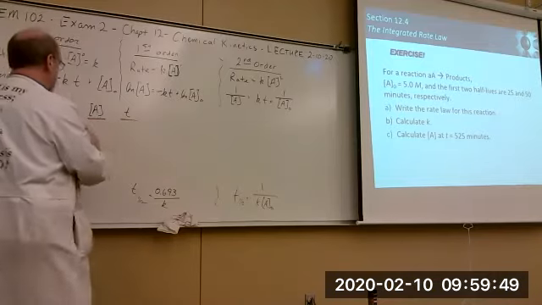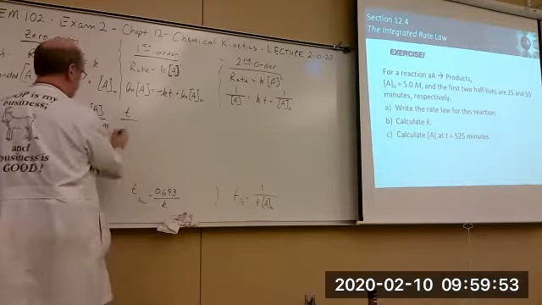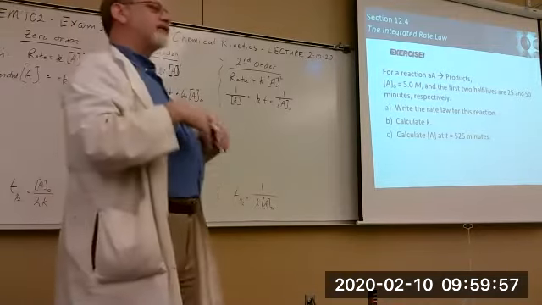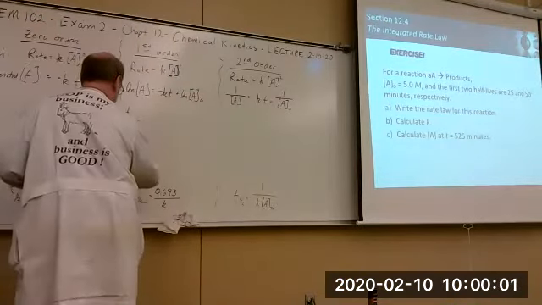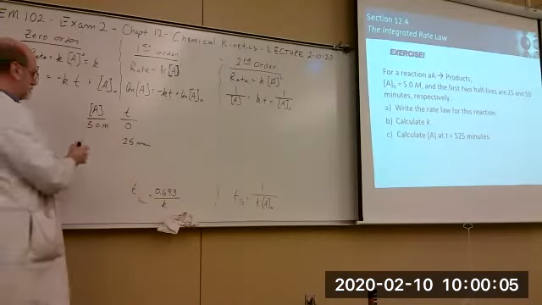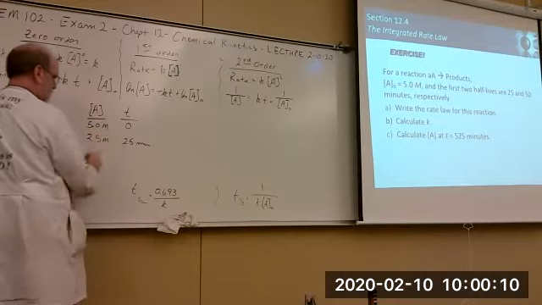So we have an initial concentration of 5 molar at time 0. The first two half-lives, after 25 minutes, how much A do we have left? Half of it, right?